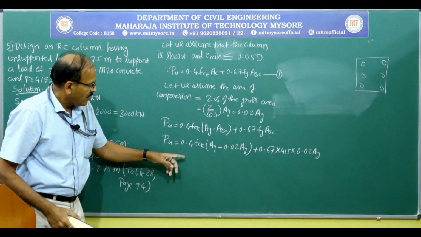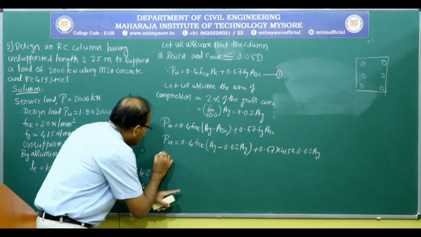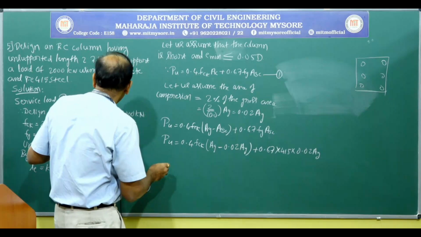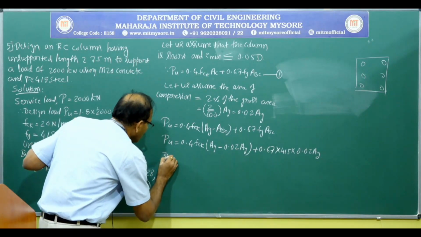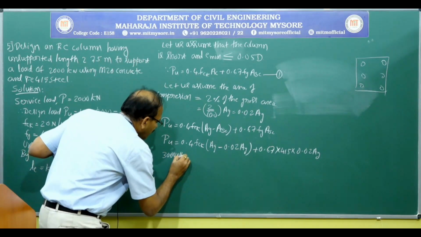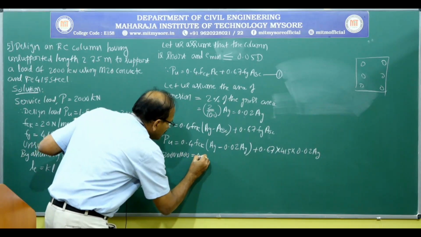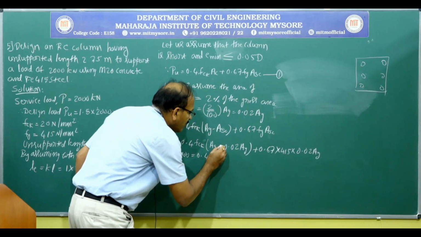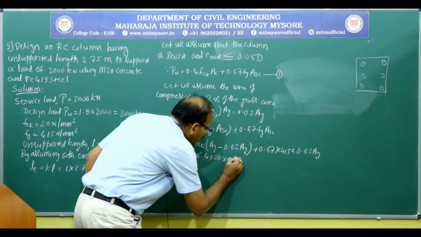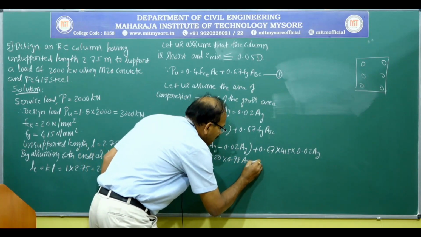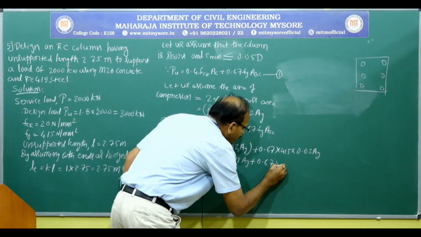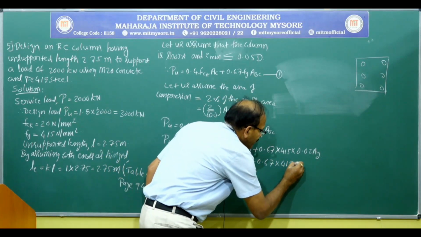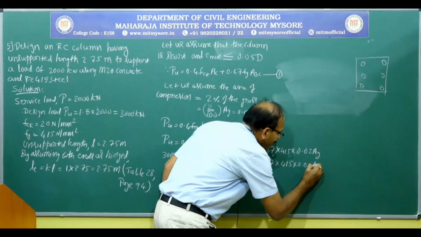Here, going further, Pu is 3000 kilonewton, convert the value into Newton, 0.4, fck is M20 concrete, multiplied by 0.98 Ag plus 0.67 into 415 into 0.02 Ag.